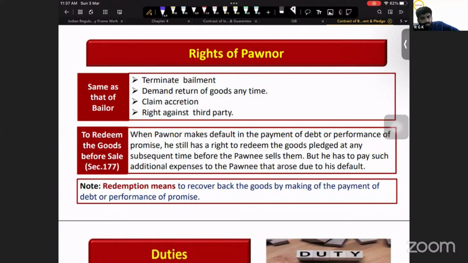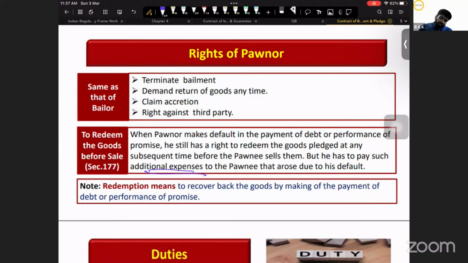Even after the due date, the pawner can make the payment and he can recover back the goods. Redemption means to recover back the goods by making payment of debt or performance of promise. The only thing is he will have to pay the additional expense. Additional expense means some extra interest he will have to pay for the delay.